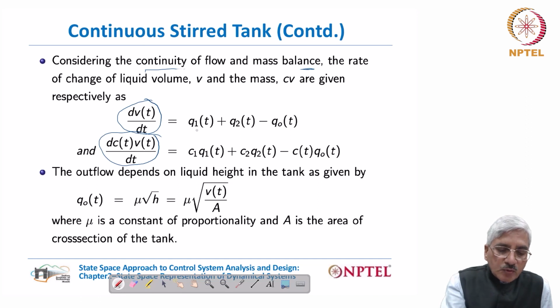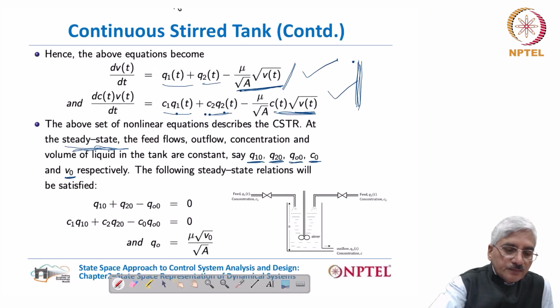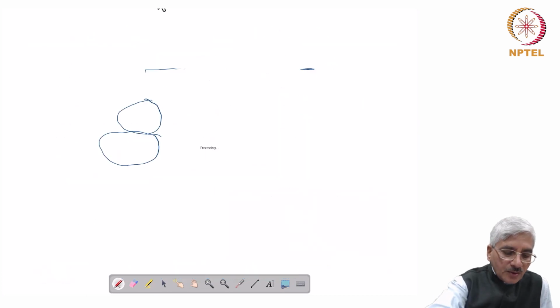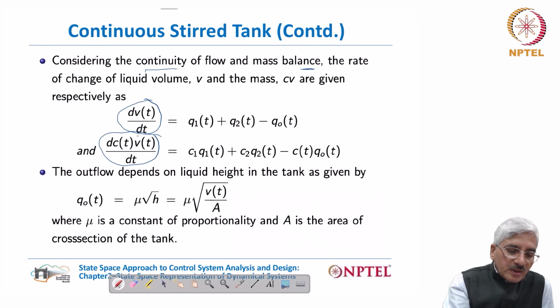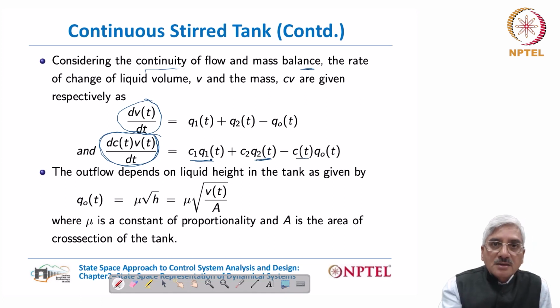So we will have Q1 at steady state plus Q2 at steady state minus QO at steady state equal to 0. This is this equation. Similarly, when we have a look at the second one, we are equating this to 0, and so C1 Q1 at steady state plus C2 Q2 at steady state minus C0 into QO at steady state will also be 0.